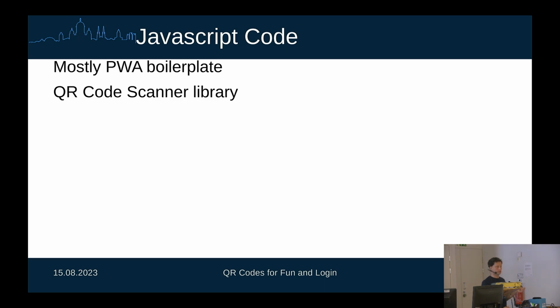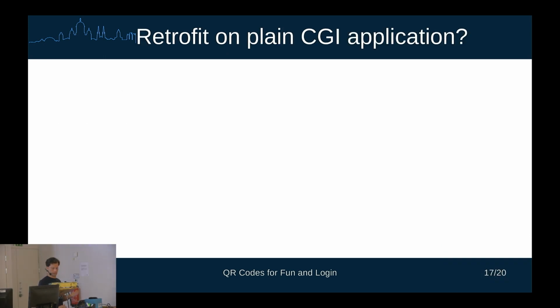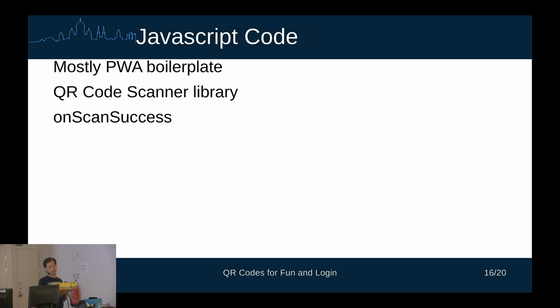So the one library I needed was the QR code scanner library, which uses the camera and then recognizes QR codes that the camera sees. And that's basically all you need from the JavaScript side.